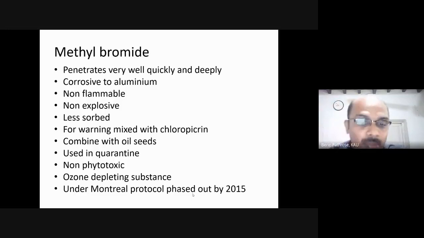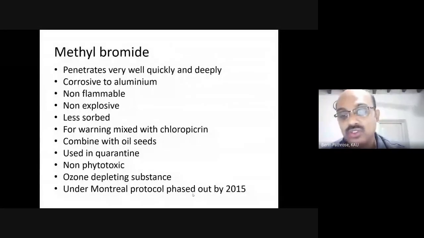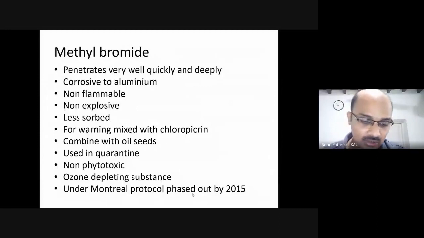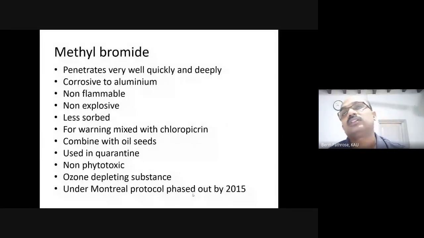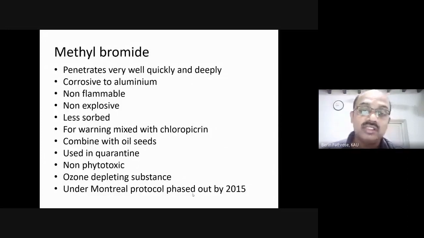According to the Montreal Protocol, the protocol signed by various countries, it is to be phased out by 2015. But what I've learned from certain quarantine organizations is that India is still using methyl bromide because there is no alternative to methyl bromide in quarantine.